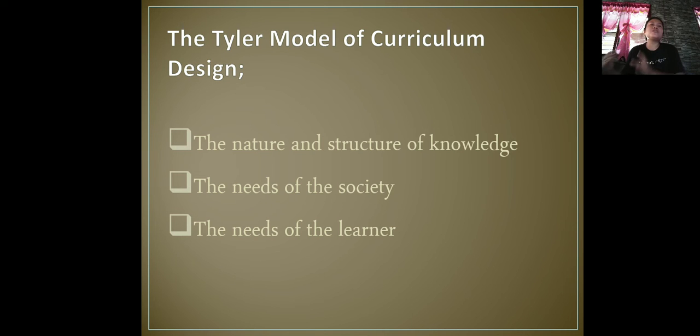So, the nature and structure of knowledge is, ang Tyler model of curriculum is linear model siya, which is, nagauna siya sa objectives, like, aning nature and structure of knowledge is from simple to general. And, ang as a Tyler model of curriculum, kumbaga, nag-start siya sa simple, which is, ang structure niya is from simple to general.